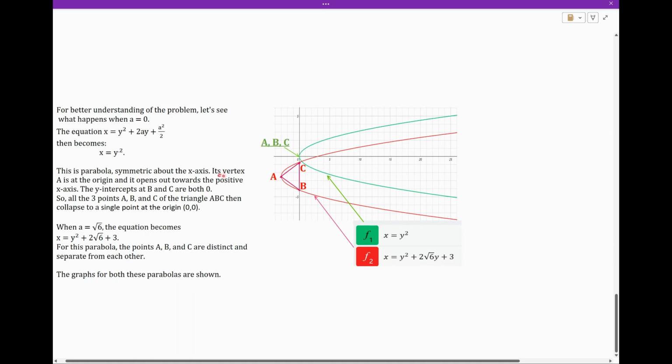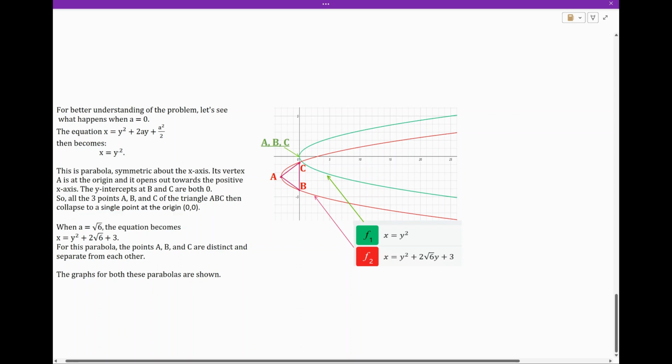Its vertex A is at the origin and it opens out towards the positive x-axis. The y-intercepts of B and C are both 0. So all the 3 points A, B and C of the triangle ABC then collapse to a single point at the origin, that is 0, 0, 0.